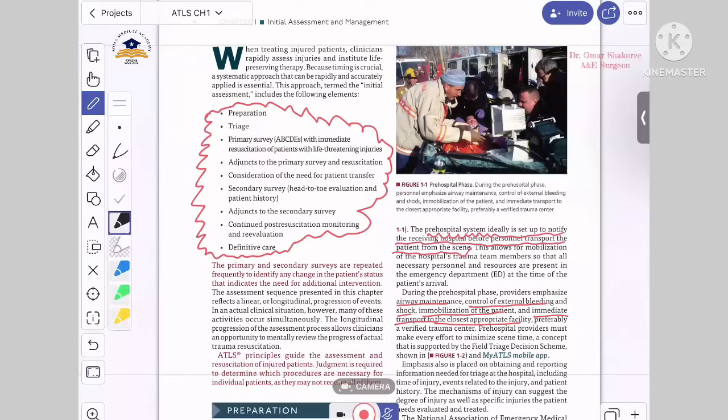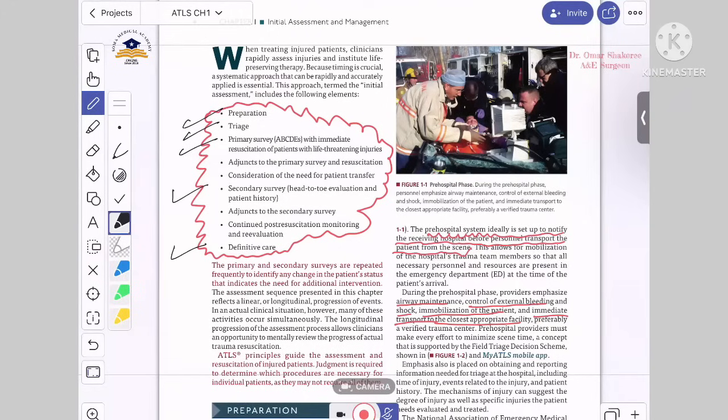So: preparation, triage, primary survey, secondary survey, and definitive care. This is our aim of ATLS: a good preparation, good triage, good primary survey, good secondary survey, and good definitive care.